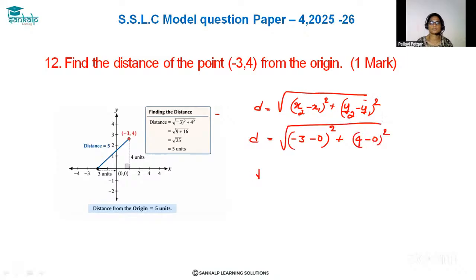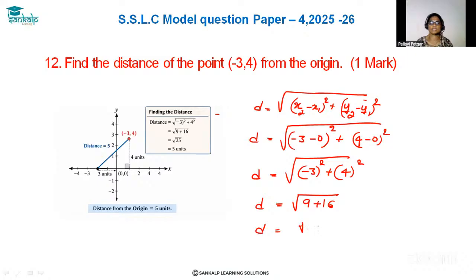So d is equal to minus 3 whole square plus 4 whole square. D is equal to 3 3s are 9, 4 4s are 16. So D is equal to square root of 25. So D is equal to 5.